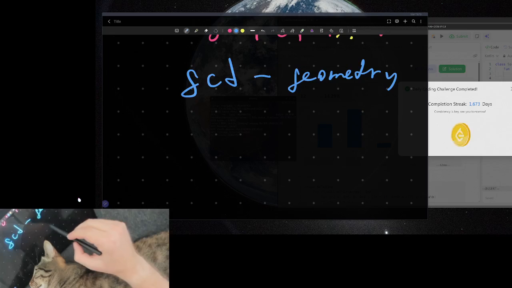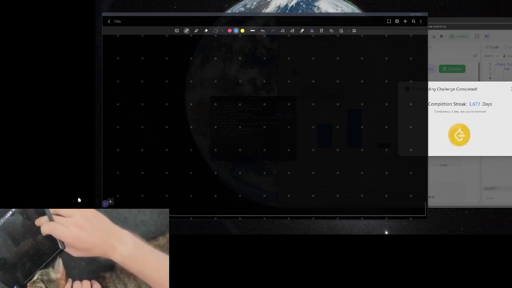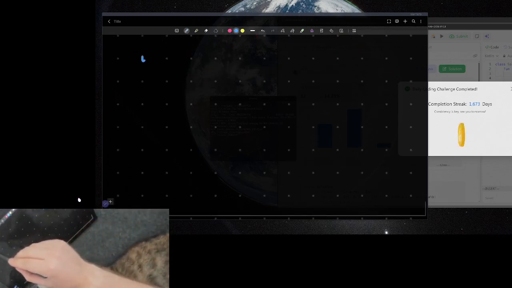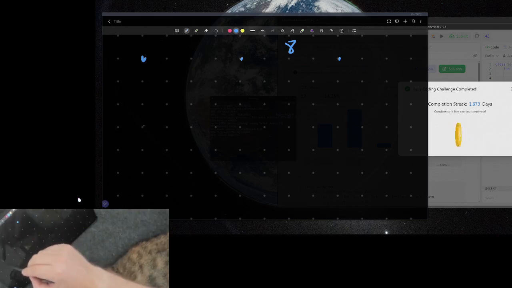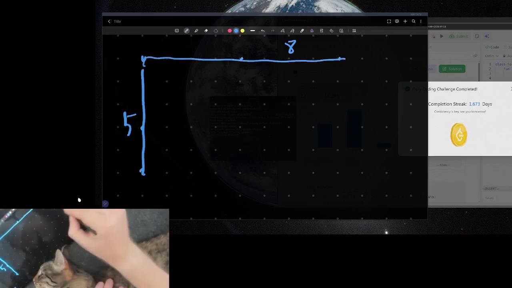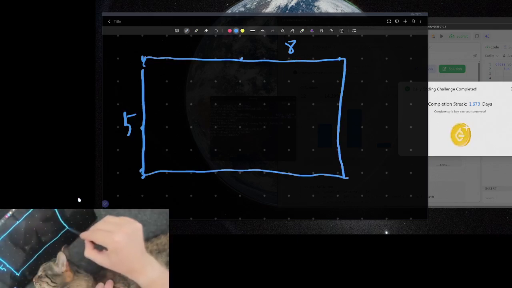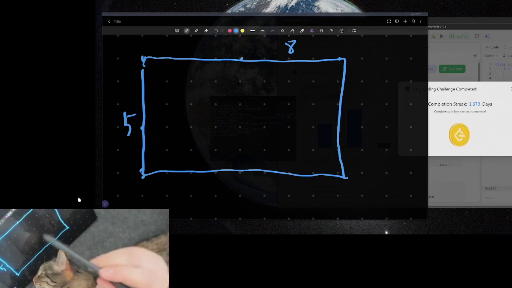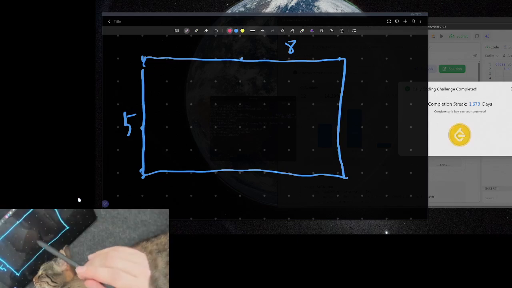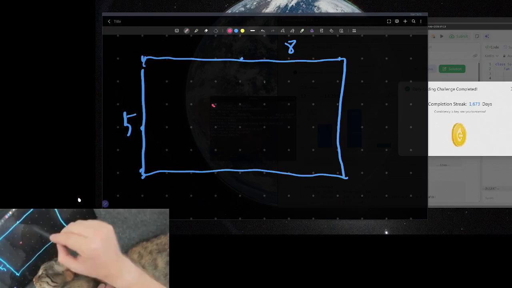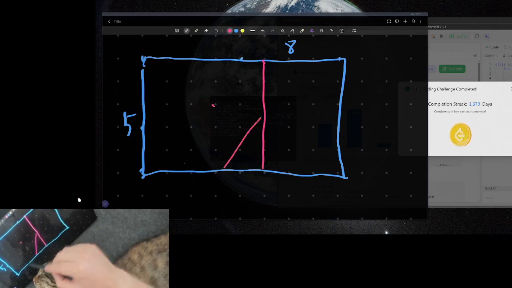When you have a rectangle with sides of, for example, 8 and 5, GCD asks the question: what is the greatest square that can split this rectangle? So we're cutting squares, like 5 by 5.